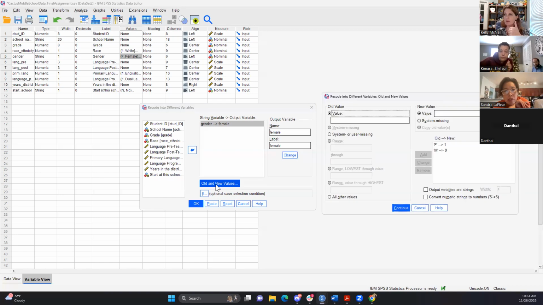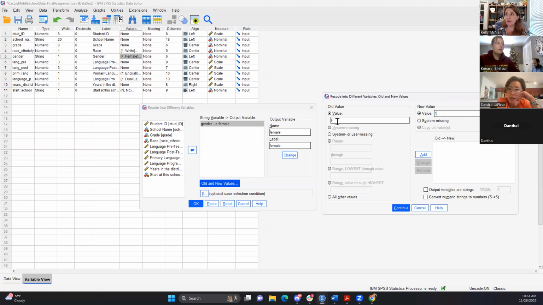Yep. Okay. And then when we go to the old and new values, the old value, and this is because we looked up here under values and we see for gender that the value is actually F and M. Like when we were in that table, we saw that the value was F or M. So for the old value, oh, and they're already over here. So I'm going to remove them so that we can do it again. But the old value of F is now going to become 1 because we want it to be numeric.